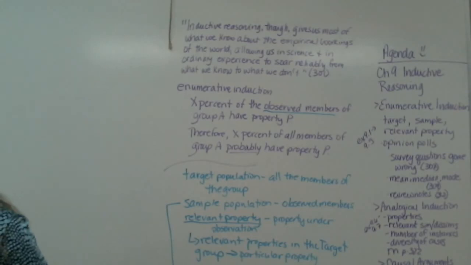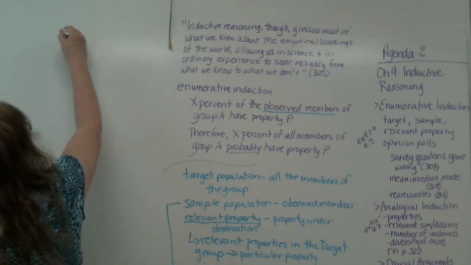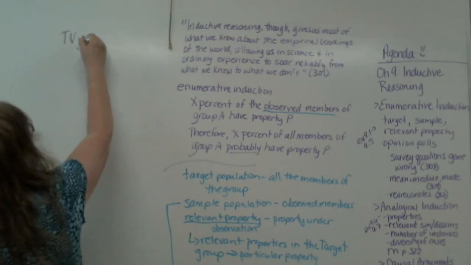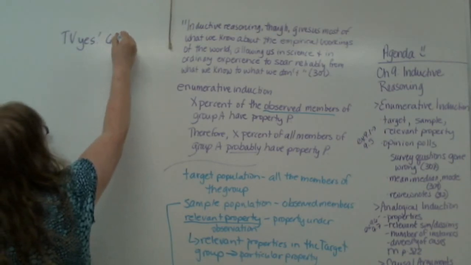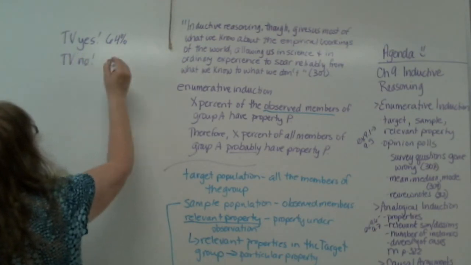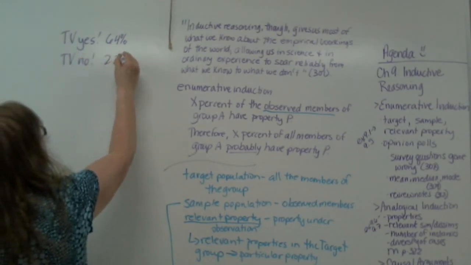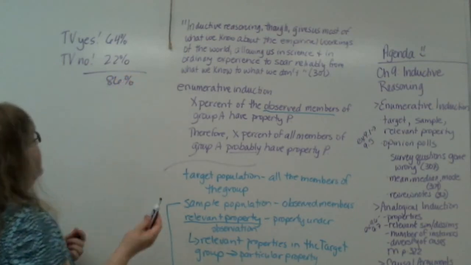Okay, a couple of things about when you get a survey, say you have this one. TV yes is 64% and TV no is 22%. 86% said they had an opinion.